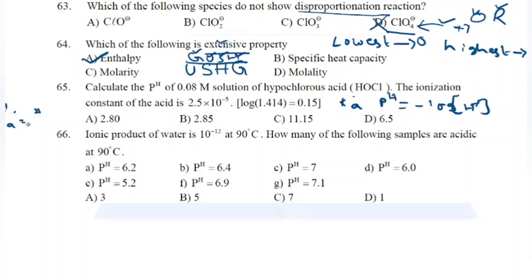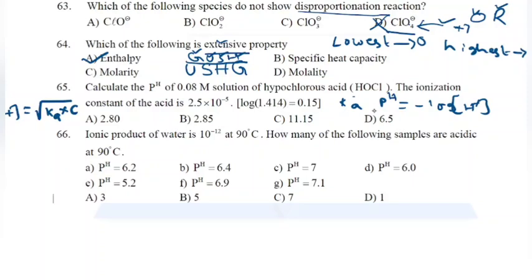In a simple formula, H plus ion concentration is equal to square root of Ka into C. So this is the Ka value and this is the C value. After the multiplication and the square root of that product, you will get H plus ion concentration.